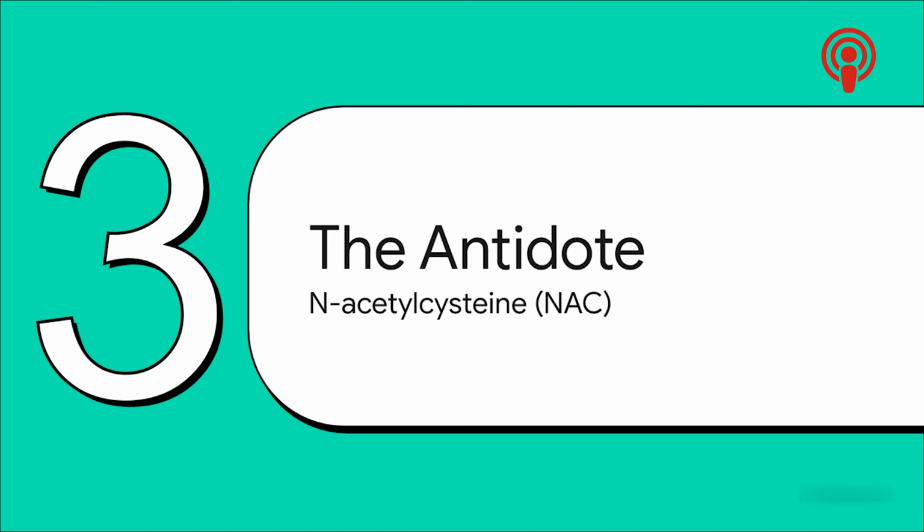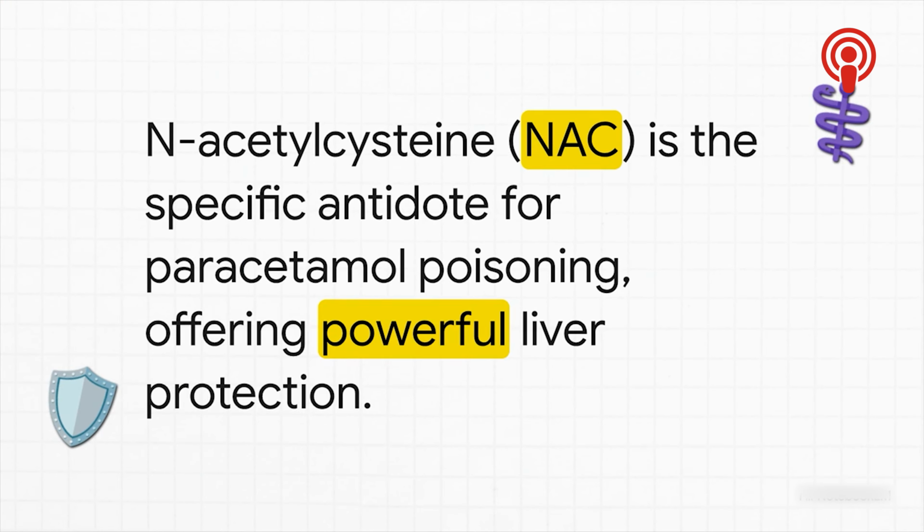All right, so you've confirmed the risk, either with that fancy nomogram or just based on the story. Now we get to the hero of the story, the antidote. It's called N-acetylcysteine, or just NAC for short. So here's how it works in a nutshell. When you overdose, your liver gets flooded with this toxic byproduct, and it just can't keep up.